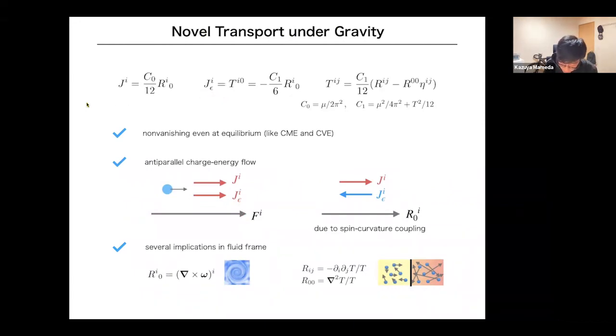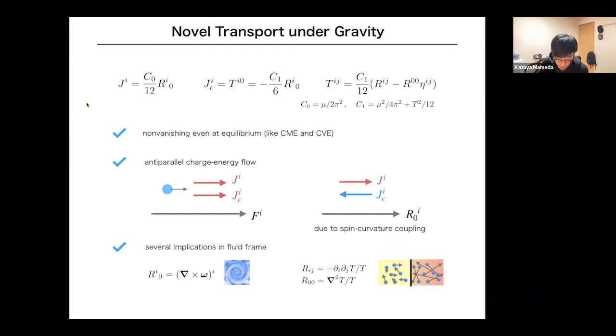Namely, the charge current flows along this direction, but the energy current along this direction.